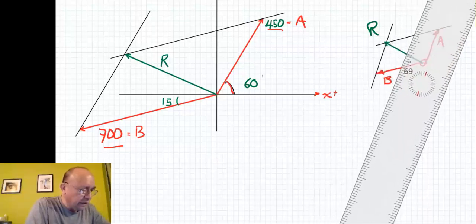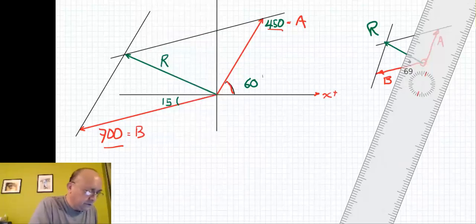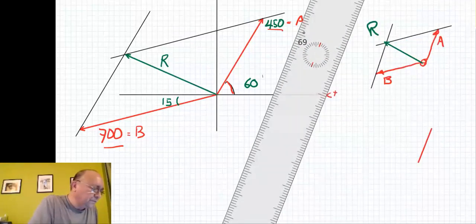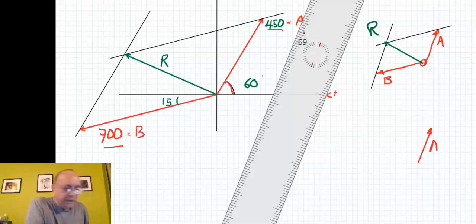You draw your vector A. And then next to vector A, you put vector B. It doesn't matter what order you do it, but I put A first, and then now I put B after A. What does it mean after?